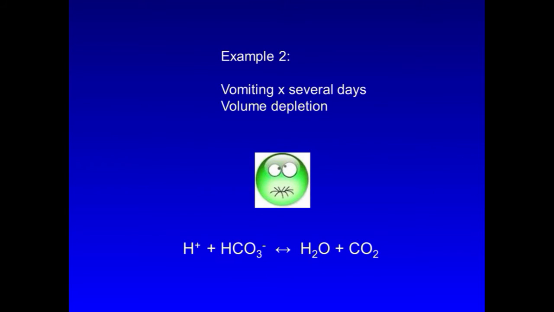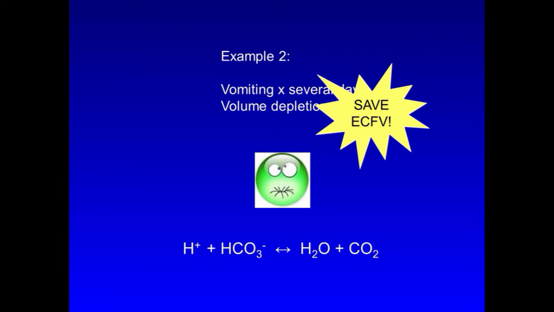In example number 2, vomiting occurs for several days, resulting in alkalosis because of hydrogen ion loss from the stomach. Serum bicarb level increases, and initially the extra bicarb is excreted to maintain acid-base balance, as in example 1, but as the vomiting continues, the patient becomes volume depleted so that ECF volume preservation becomes the kidney's top priority at the expense of everything else.